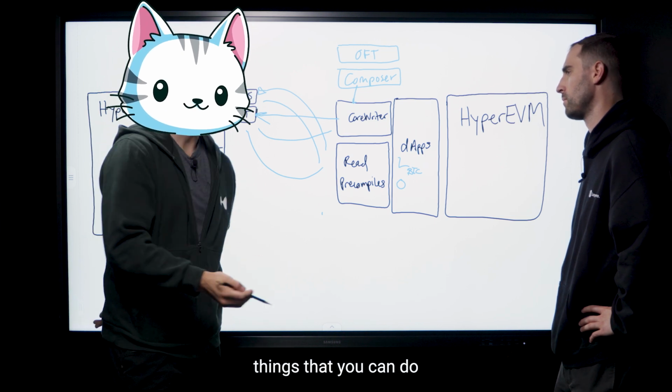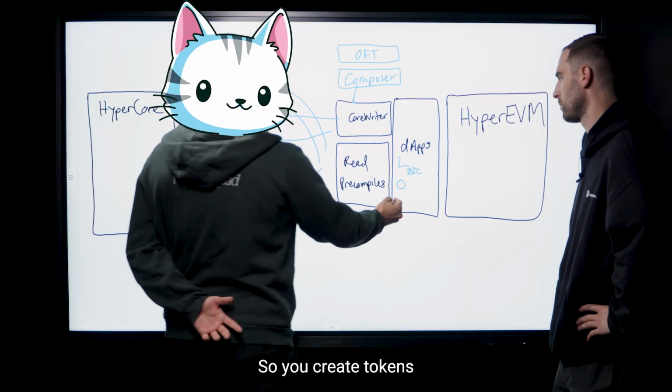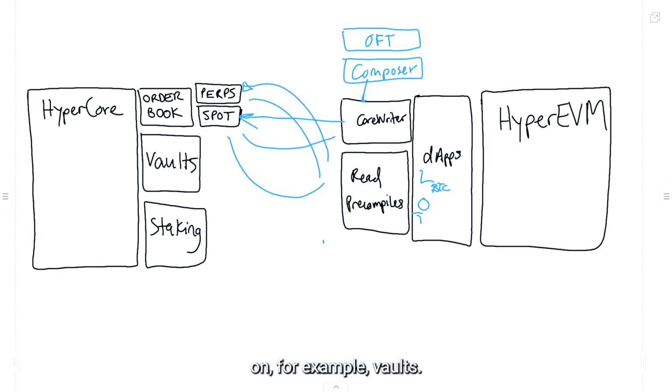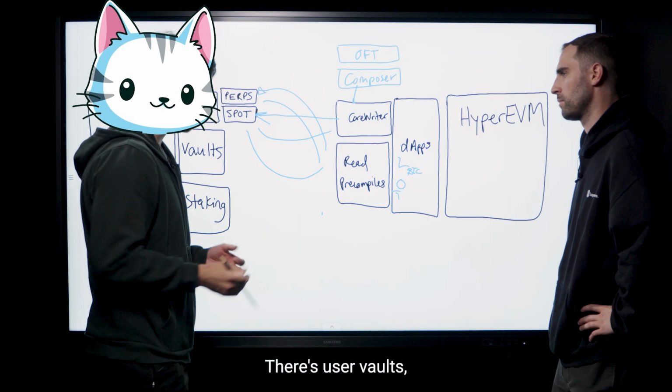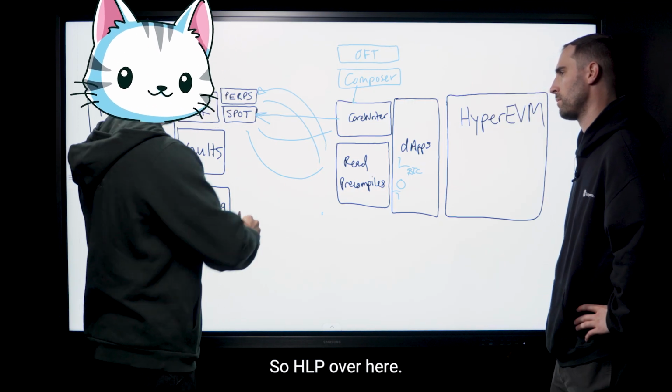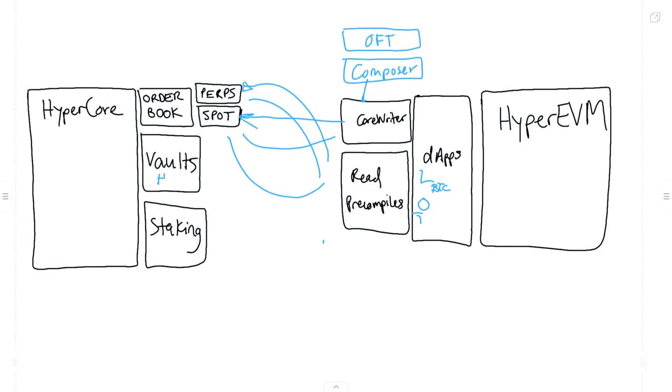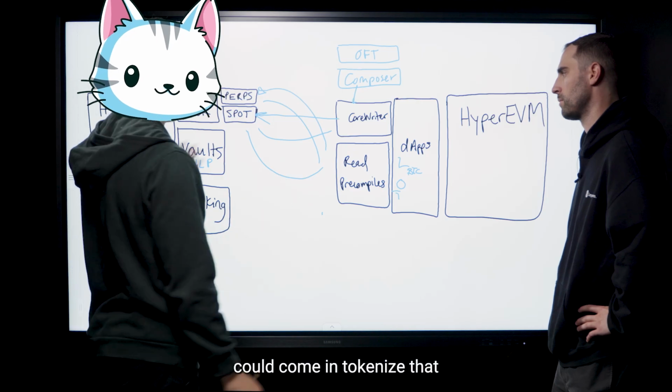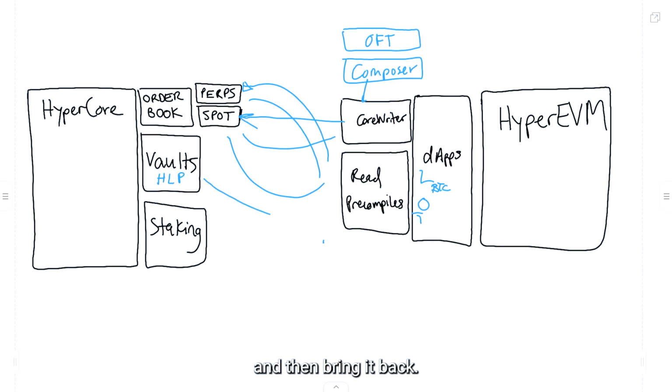More fun things that you can do is tokenization. So you create tokens on, for example, vaults. There's a variety of vaults. There's user vaults. There's the Hyperliquidity provider vault, so HLP over here, is pretty popular for some people. So a protocol could come in, tokenize that, and then bring it back.